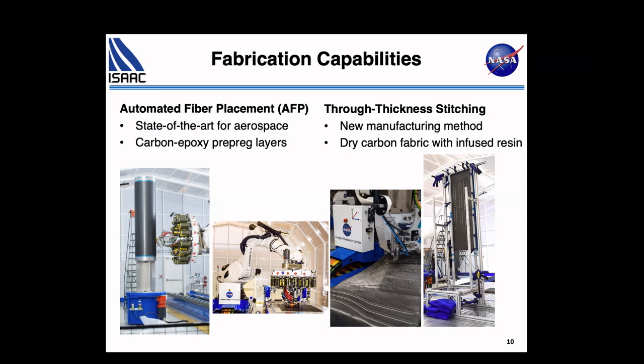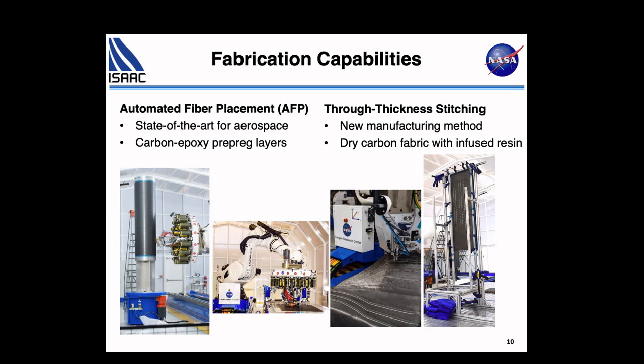We also now have through thickness stitching, which is an up and coming capability, which we worked with Boeing to develop in the Environmentally Responsible Aviation Program. That was a very successful program that ended in 2015. At the end of that program, we said, hey, we want to have that capability in-house. Why don't we build a robotic head that we could put onto Isaac so we can do through thickness stitching?